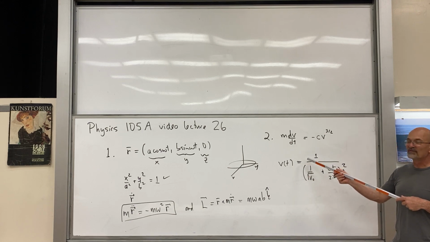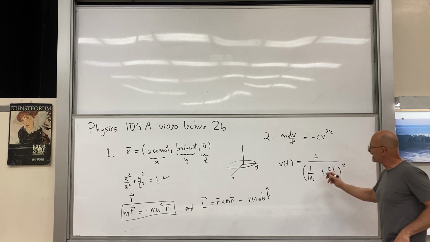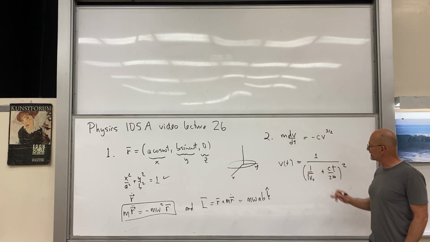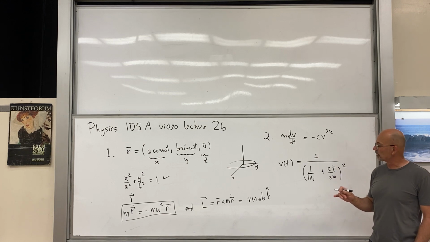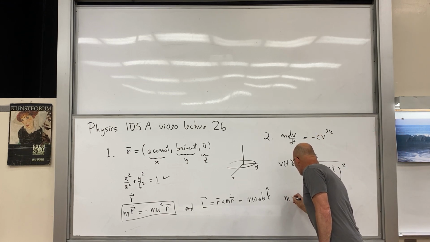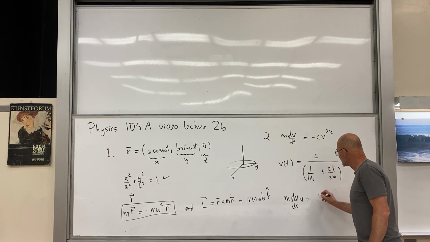On the other hand, there's a finite distance traversed. You could work with this to find it, but it might take you longer. The way to find the finite distance is to write our differential equation as m v dv over dx equal to minus c v to the 3/2.